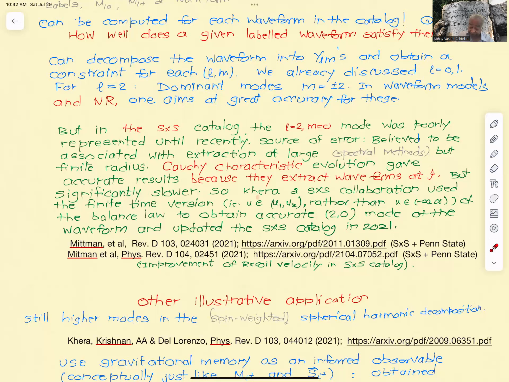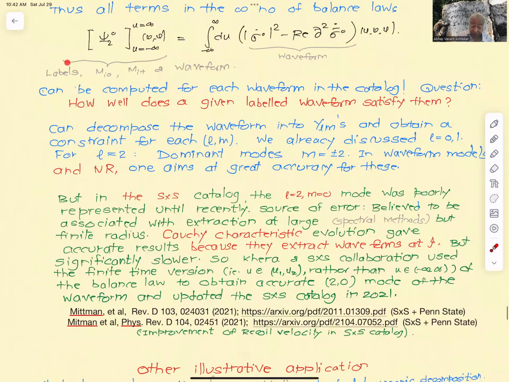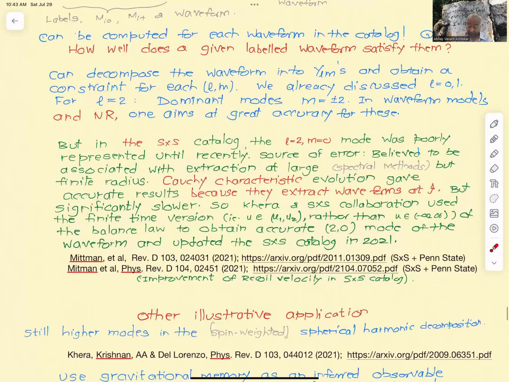But this method is extremely slow. So Keefe and the SXS collaboration used the finite time version of this balance law that I just wrote down up here in order to calculate the L equal to 2, M equal to 0 mode of the waveform and updated the SXS catalog in 2021.